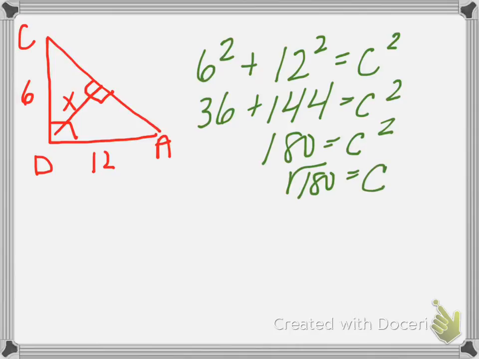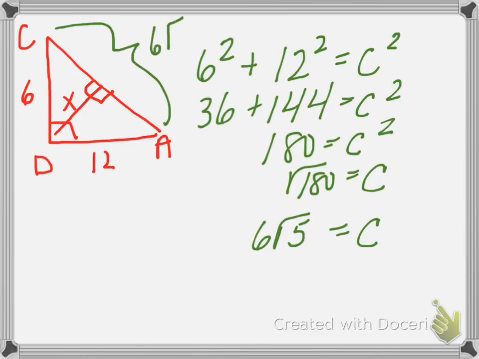You could leave your answer as the square root of 180, but the question did say that it needs to be in simplest radical form. So if you simplify this, you're going to get 6 radical 5. That means that this entire hypotenuse is 6 radical 5.